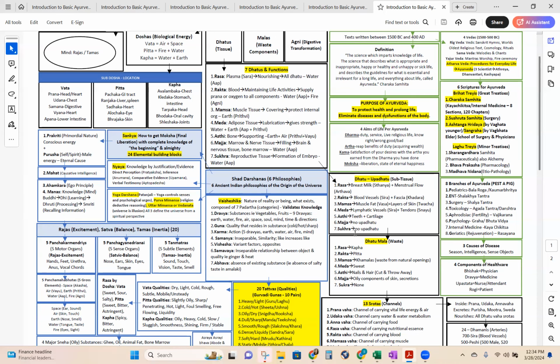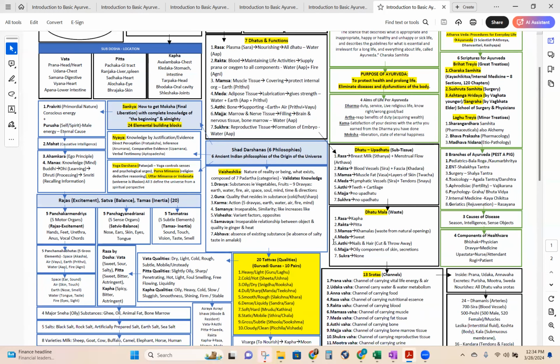For air, it is the skin as the organ and the subtle element of touch. For earth, it's the sense organ of the nose and the subtle element of smell. For water, it is the sense organ of the tongue and the subtle element of taste. For fire, it is the sense organ of the eyes and the subtle element of sight.